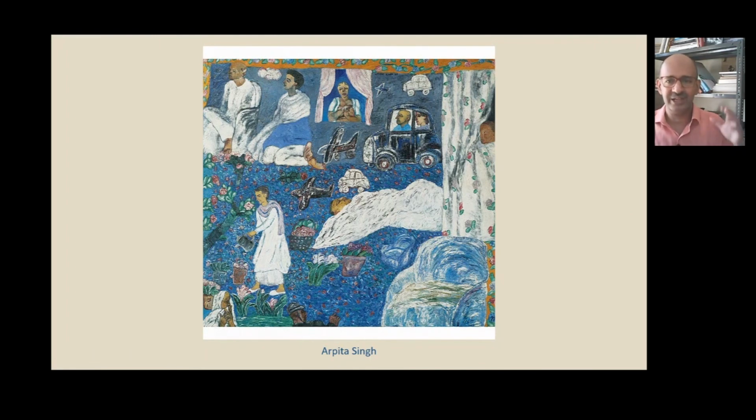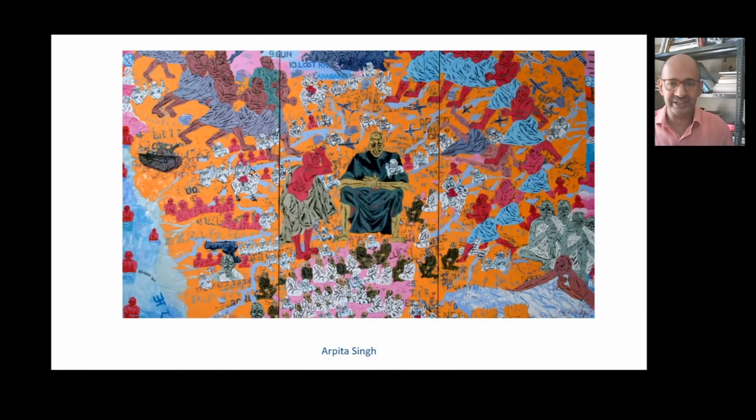Obviously, it was all about a very, very busy life that most of these paintings by Arpita Singh revolved around. But at the same time, she was also in many of her paintings evoking the sense of dream, the sense of imagination, and also the possibilities of providing new space for women.